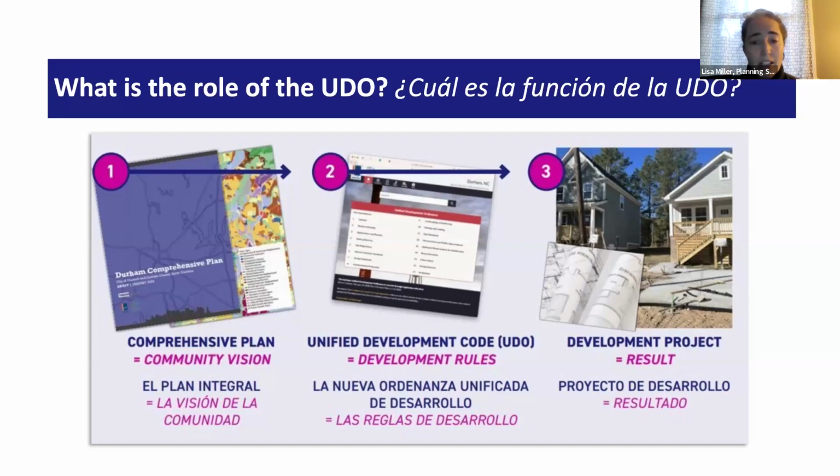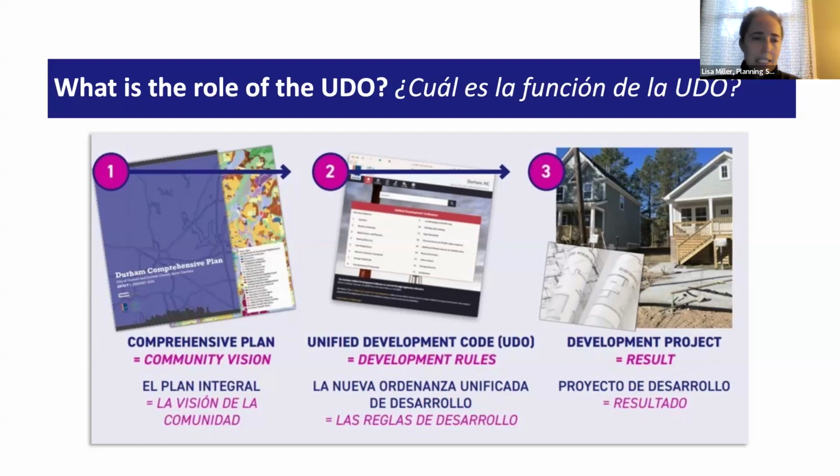The regulations in the UDO are informed by the policies in the comprehensive plan, but they're two separate documents, and the UDO project that we're currently working on is intended to work towards implementing that vision in the comprehensive plan.